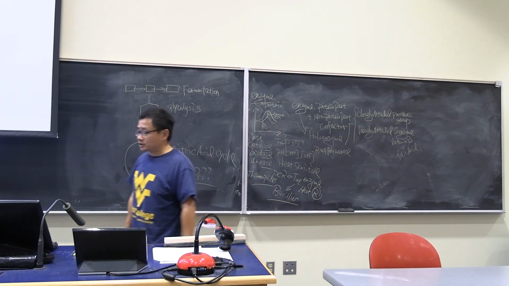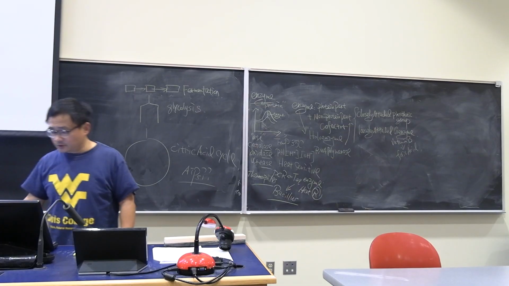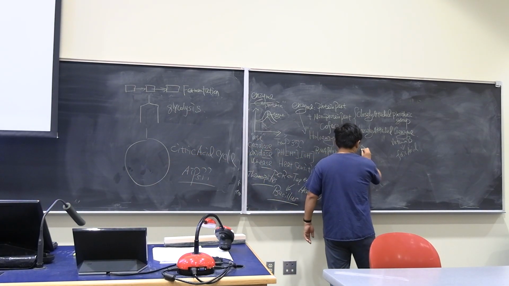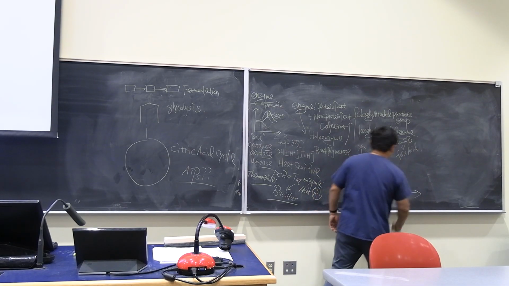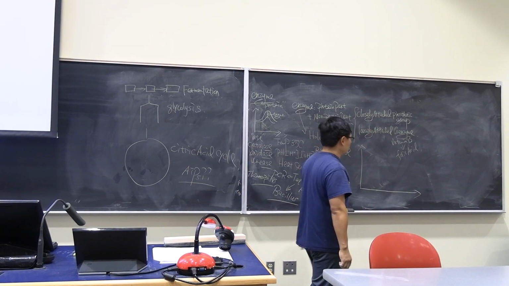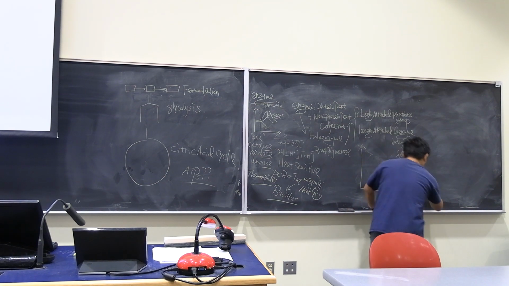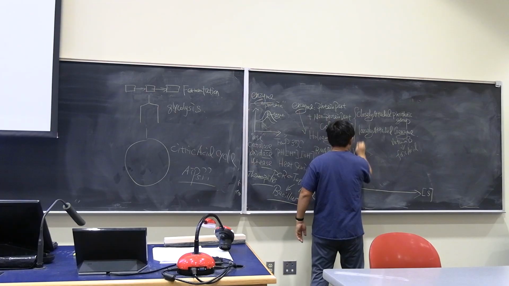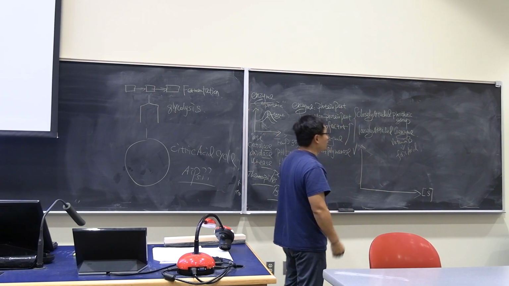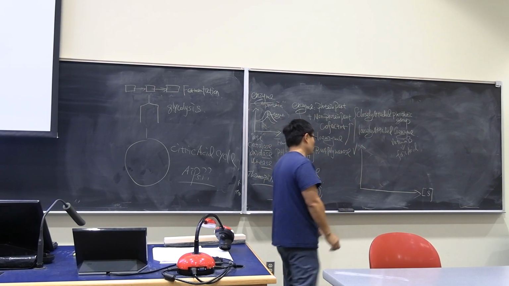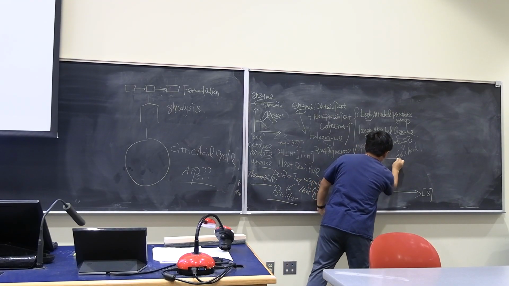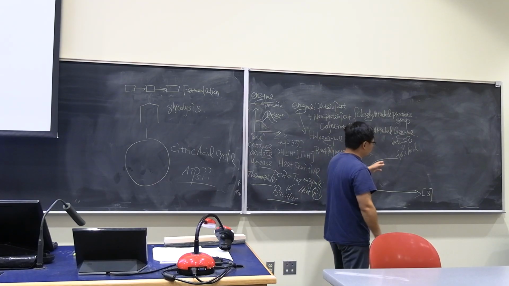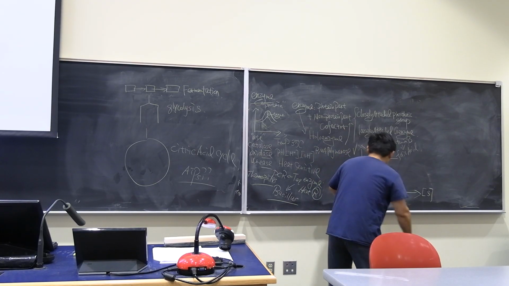Now regarding the enzyme, there is one very important thing we want to mention. We have the curve, x-axis substrate concentration, y-axis velocity, which means how fast the reaction could be. It's always like that, because at the end of the day it will become saturated. So what do we do?